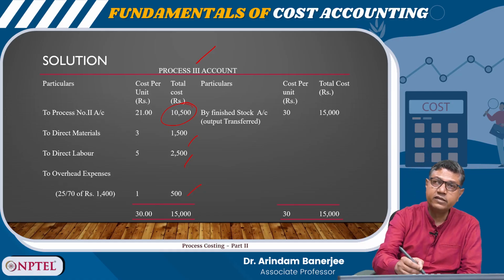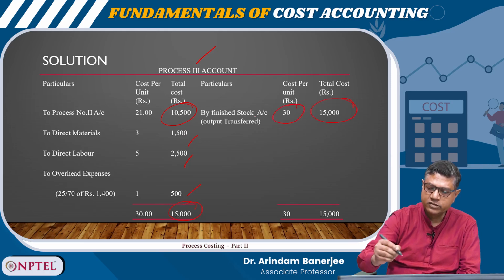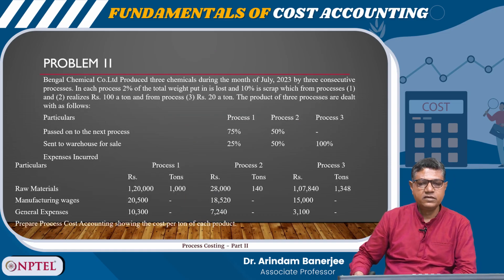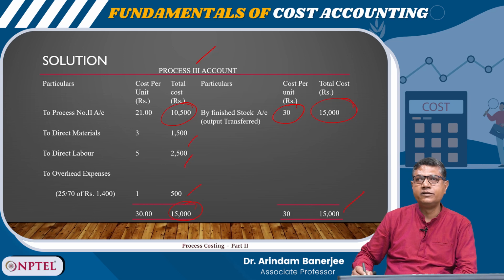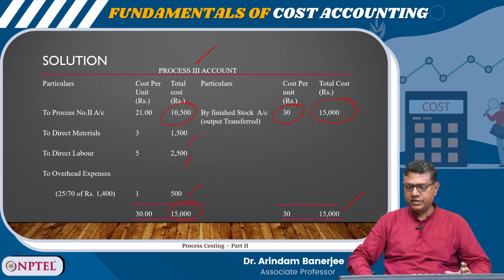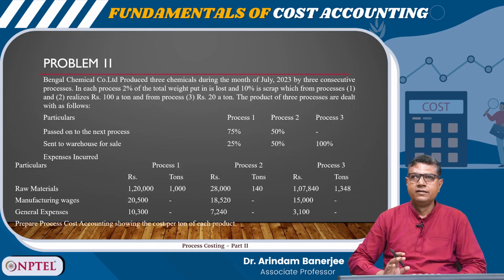If I make the total, it is coming to 15,000, so cost per unit is 30. Now, all the 3 process accounts are complete. Okay, this is the first one.